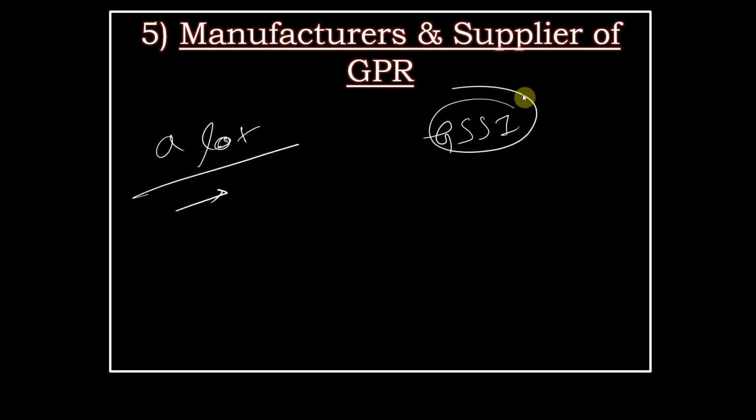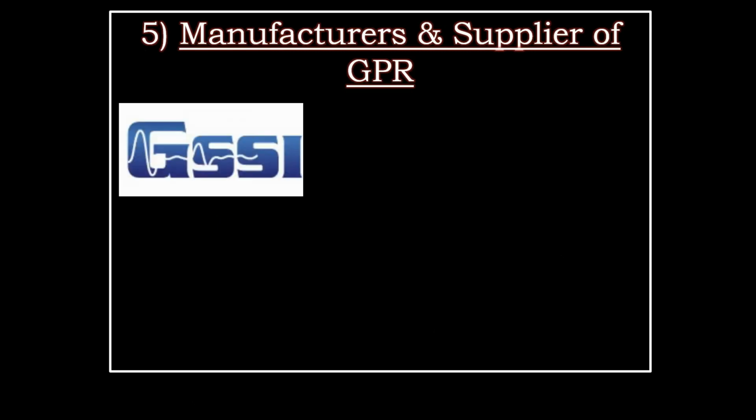In case you want to purchase some GPR equipment, which company should you follow? There are a lot of service providers and manufacturers. I generally prefer GSSI. I'll put the website in the description below, so you can purchase from there.